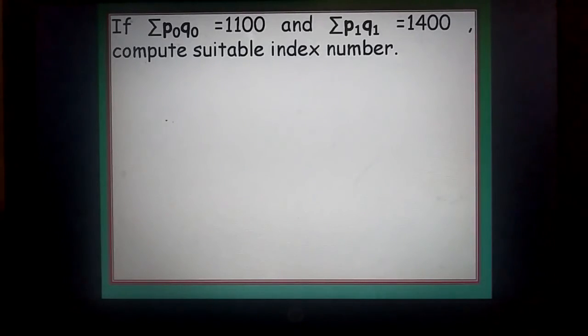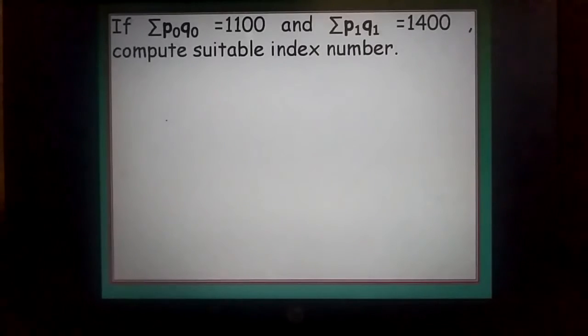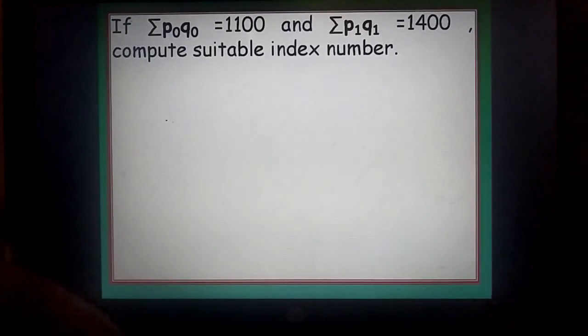So what is the suitable index number over here? It is nothing but the value index number. So value index number has to be calculated for this.